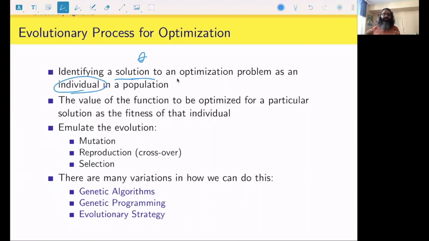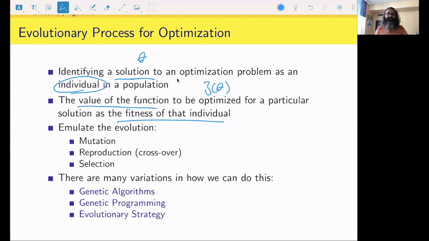So we have a population of thetas. The value of the function that we want to maximize, like J of pi, becomes the fitness of that individual: how fit that individual is to live in its habitat.